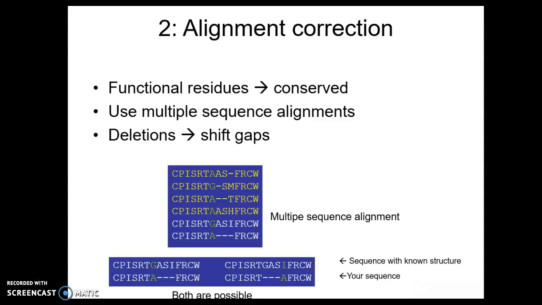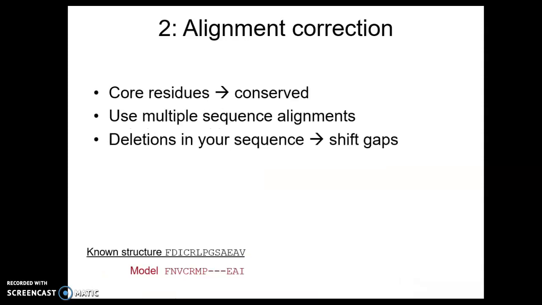So here is an example of multiple sequence alignment where various sequences have been compared and the optimum alignment positions have been placed. And you can manually choose which is the best alignment.